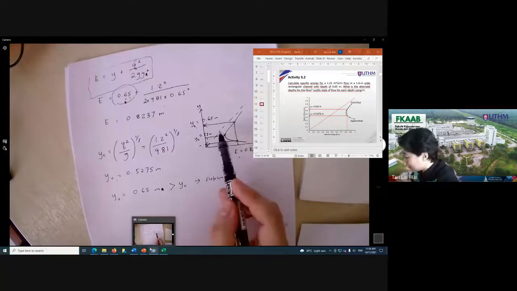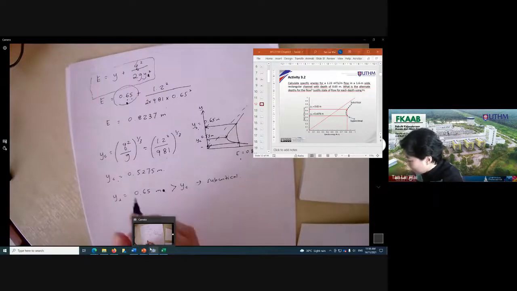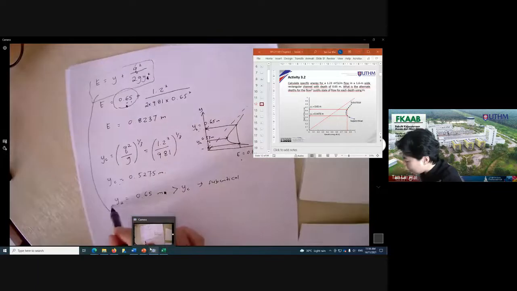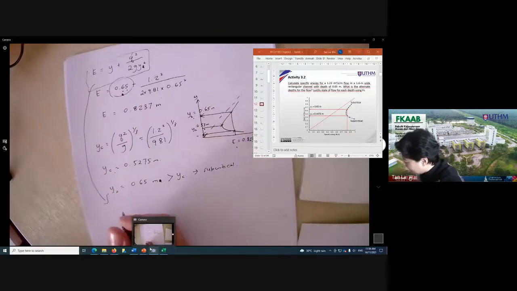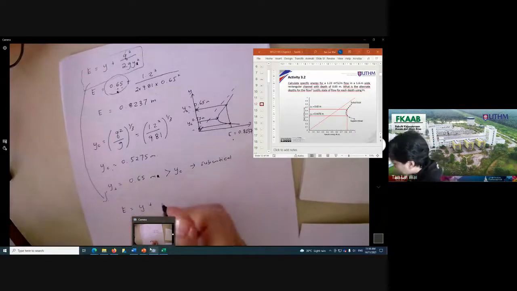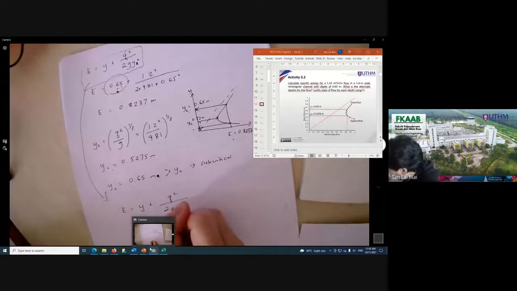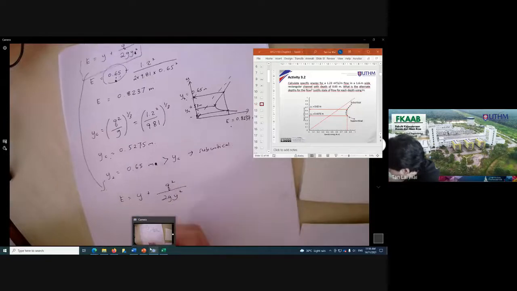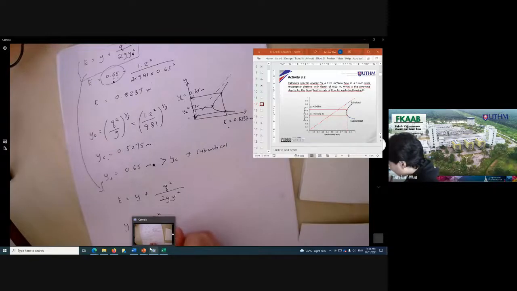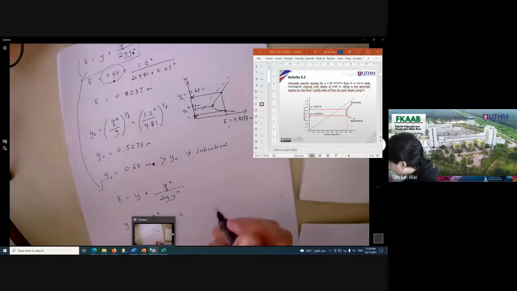If you look at this graph here, what we need to do is solve the same expression. This time I have the same expression, I'm rewriting it, rearranging it.